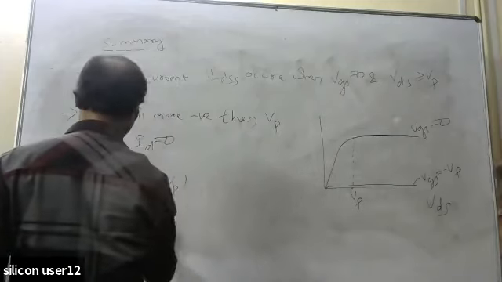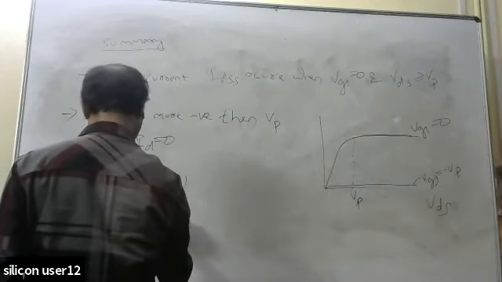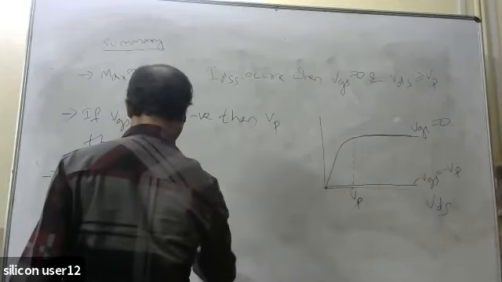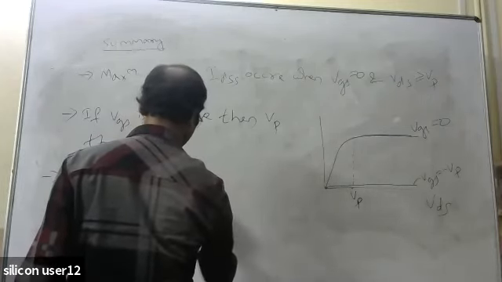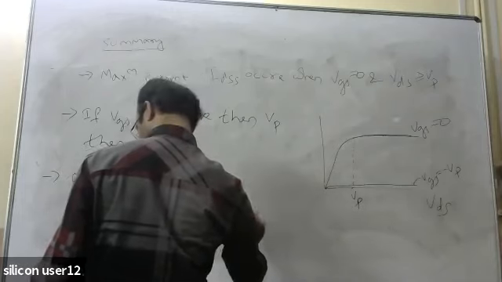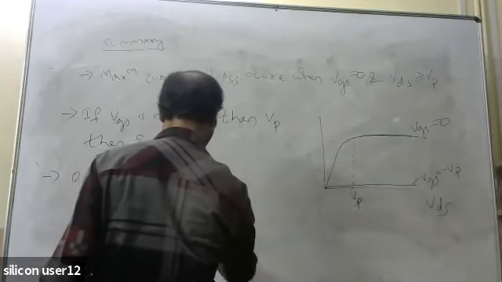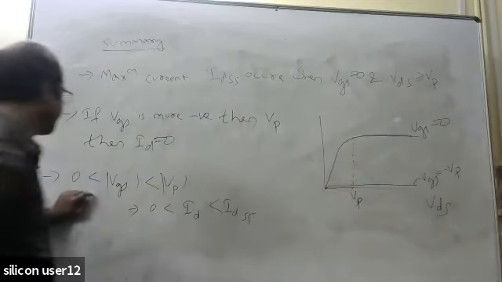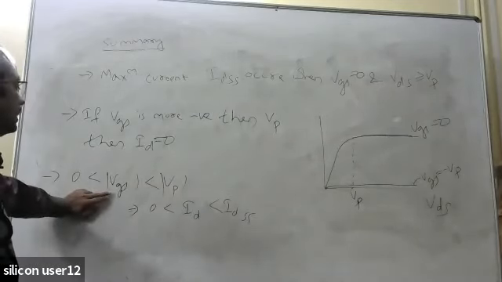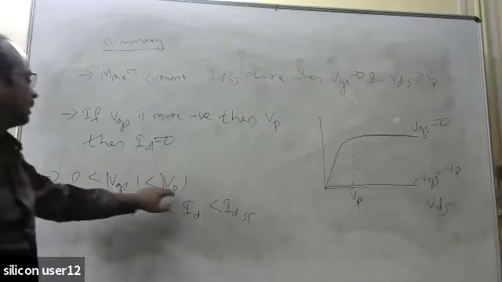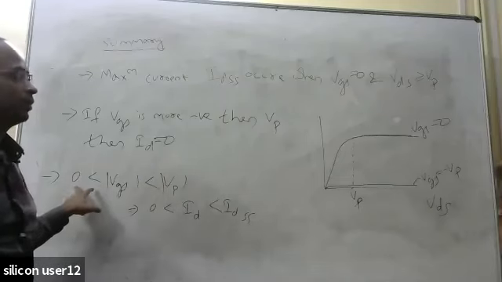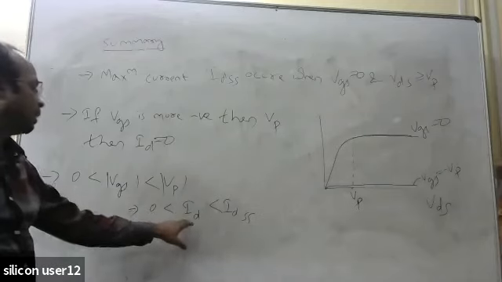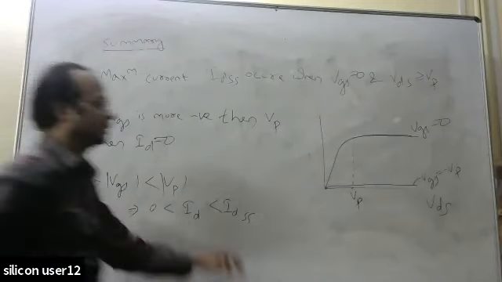Look, if VGS is less than VP and greater than 0, at that time your ID will be in between 0 and IDSS, yes or no?